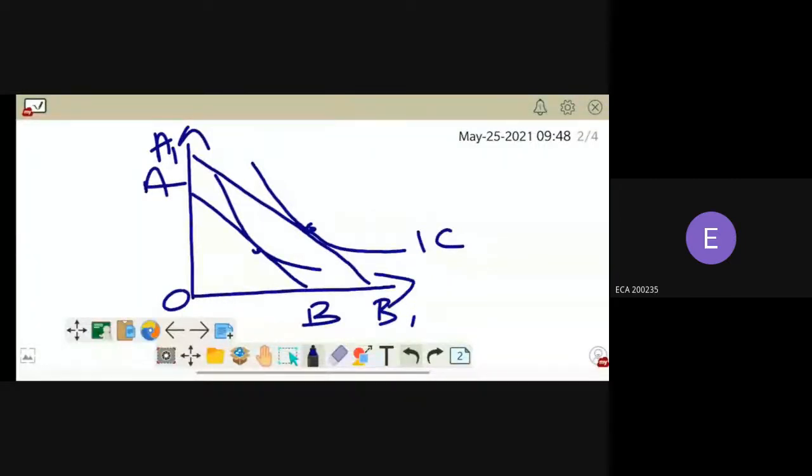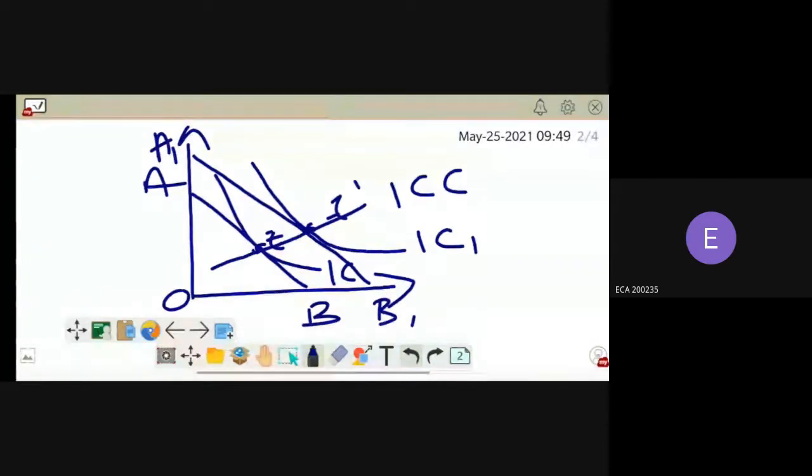So the consumer is in equilibrium at the point where the indifference curve is tangent to the budget line. The curve that connects these successive equilibrium points is known as income consumption curve. This is also known as the expansion path.